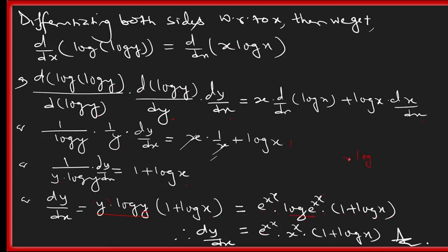So here remaining: first is e^(x^x), second is x^x from this part, and this is as it is, 1 plus log x. In this way we can find the derivative of this question.